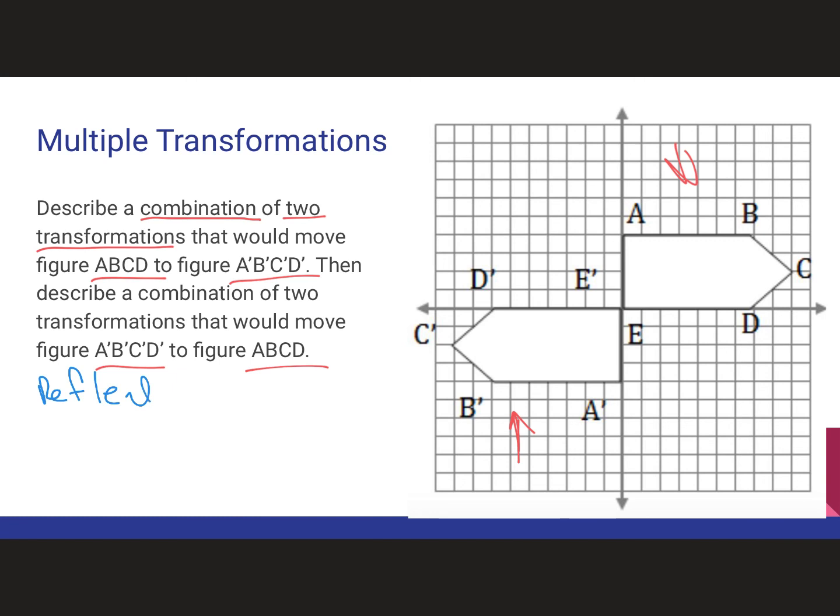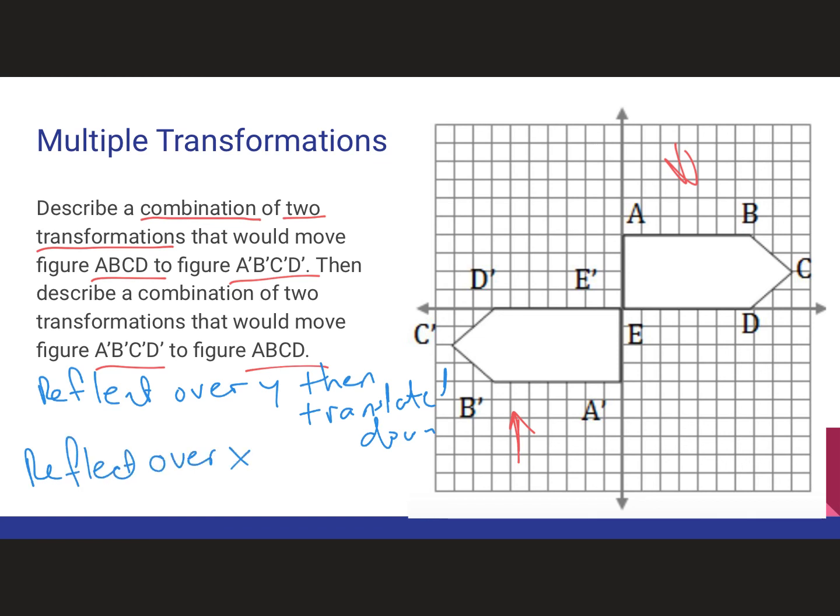Reflect over y, then translate down. That would be the first one. I could also reflect over the x, which would move me from here.